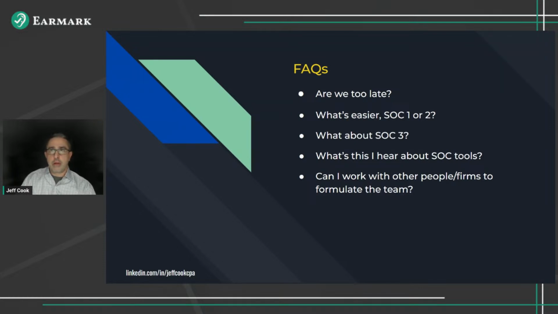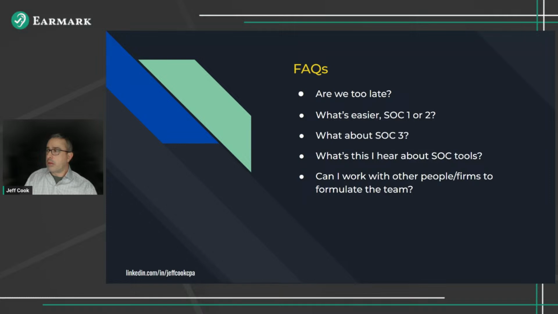Is it pointing to the right environment? What's the data you're getting? How do you know completeness and accuracy? That's an important one for peer review. Completeness and accuracy is required for any SOC engagement. So think about it: if the tool is pulling a population of changes and telling you, yeah, it followed the procedure, okay, how do I know it captured them all? That's the type of thing you want to think about when you're thinking about tools.